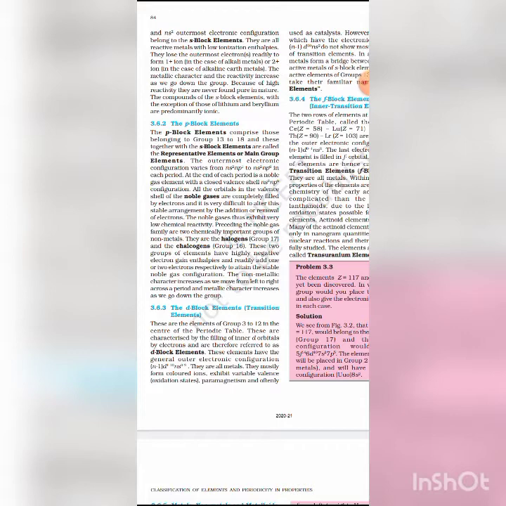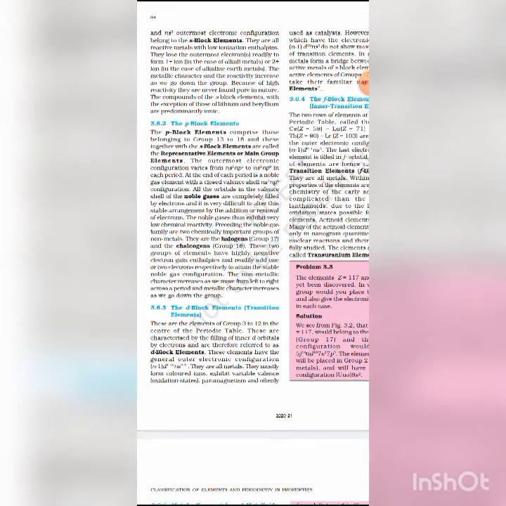Some of them show variable oxidation states. Most of them are non-metals. So these are the general features of the elements of groups 13 to 18, also called p block elements.